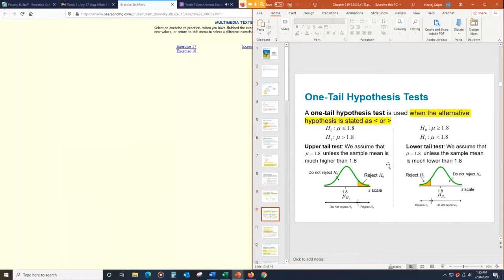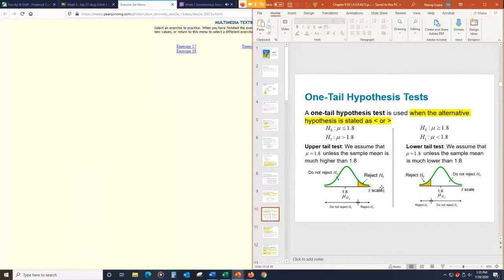But if I take, say, the greater than type, that means this is my alternate. All 1.8 which is greater than is on my right side. So that is called upper tail test. If it is less than type, then my 1.8 is all on the left side. It is called lower tail test.